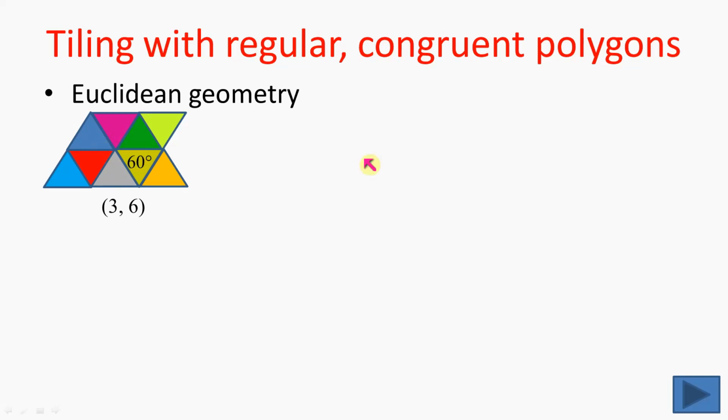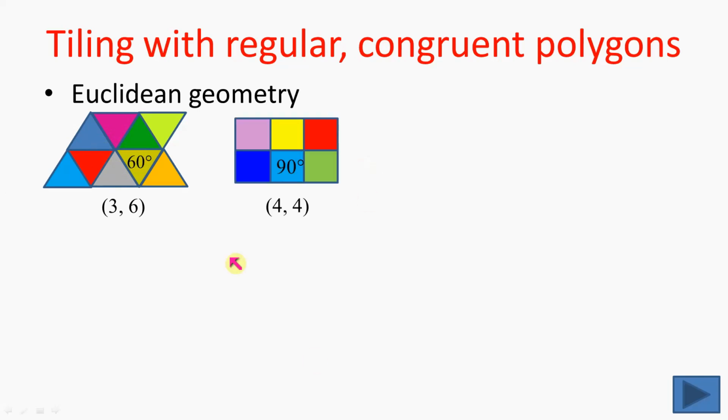We can also tile the Euclidean plane with squares. This is a 4-4 covering because we use four-sided polygons, and at a vertex 4 squares should meet, because in the case of a single square this angle is 90 degrees, so we need 4 angles of 90 degrees to provide the 360 degrees of the total angle.